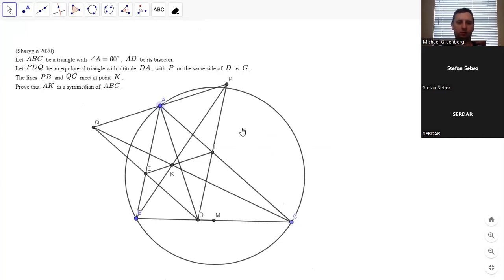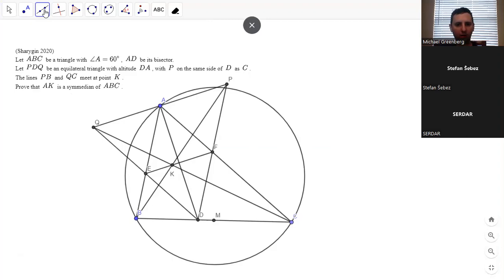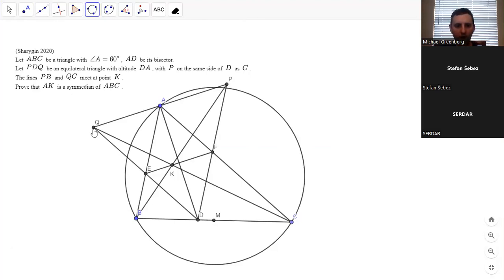Maybe not. But I don't think they're... Actually, I guess we don't need... They are parallel. By Desargues, QEB and PFC are perspective.